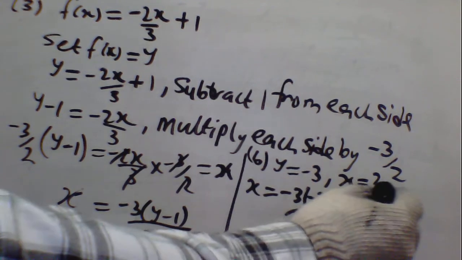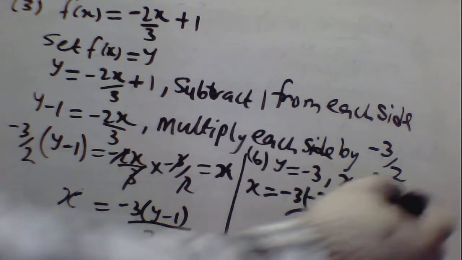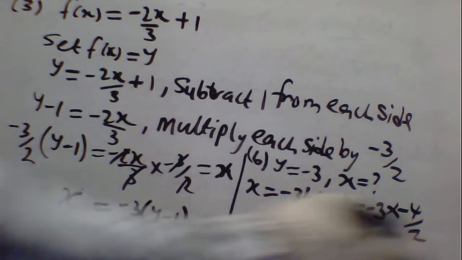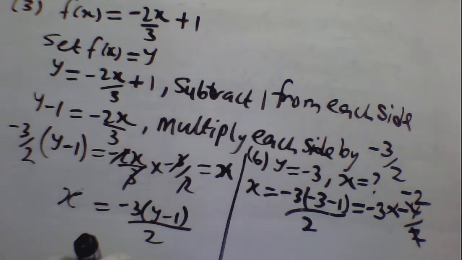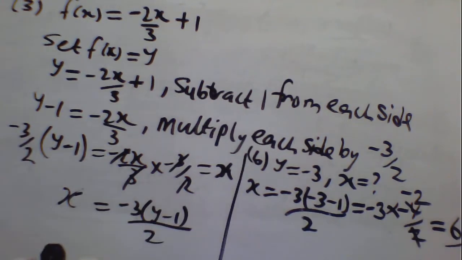Minus 3 minus 1 will give us minus 4 over 2. So this can cancel out to give us minus 2. So minus 3 times minus 2 will give us 6. So this is the value you are required to solve.